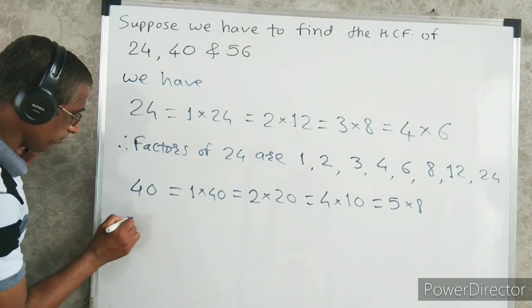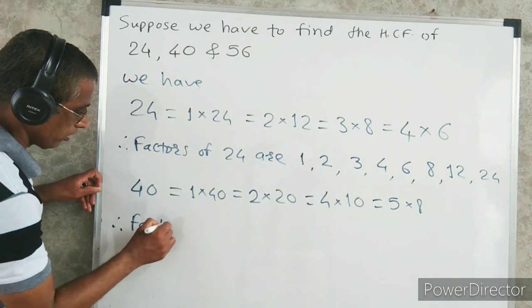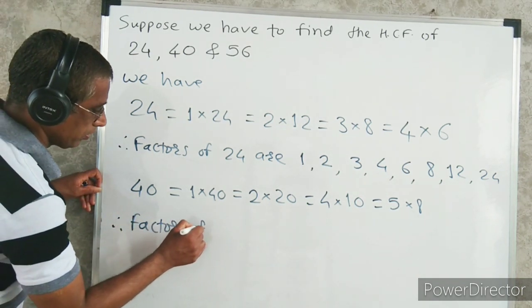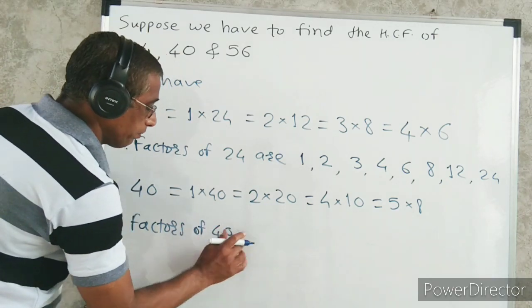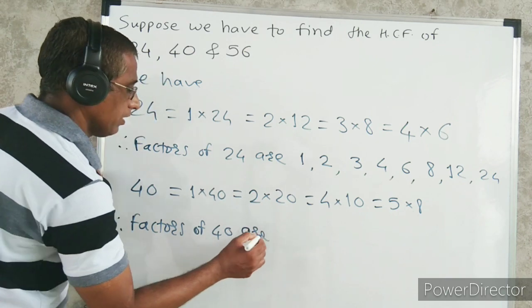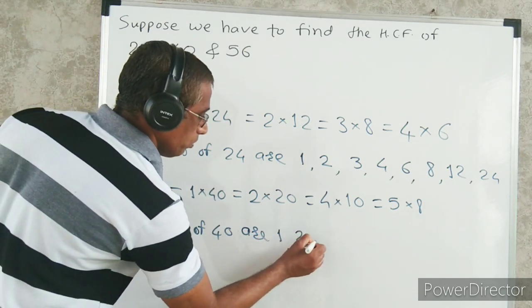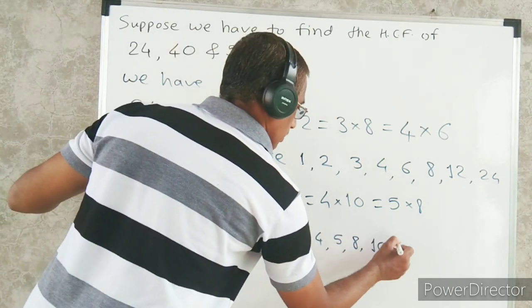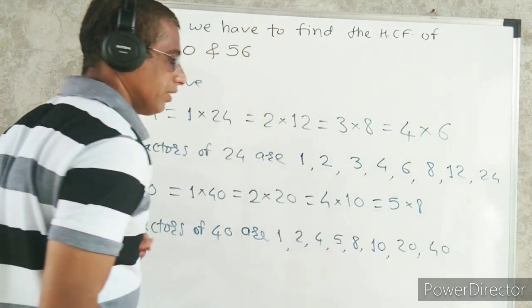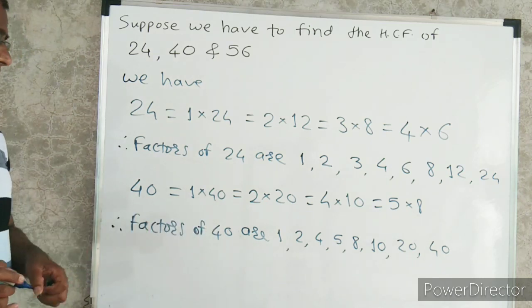Therefore, factors of 40 are 1, 2, 4. These are all factors of 40.